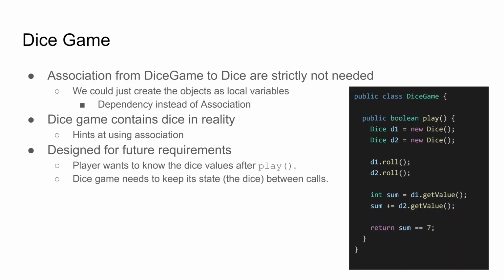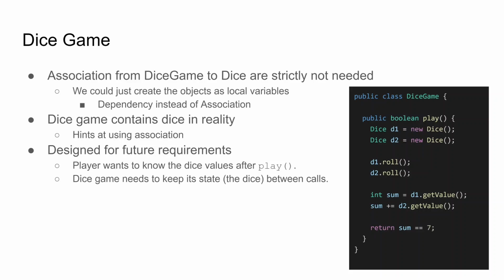Going back to our little example here, we saw that we had this association from dice game to dice, but they are technically not needed, as we could just create the objects as local variables inside play instead. And we see an example of this here. So instead of having the attributes for the dice, we just create them as local variables, and then we use them, and then they are destroyed automatically when the method returns.